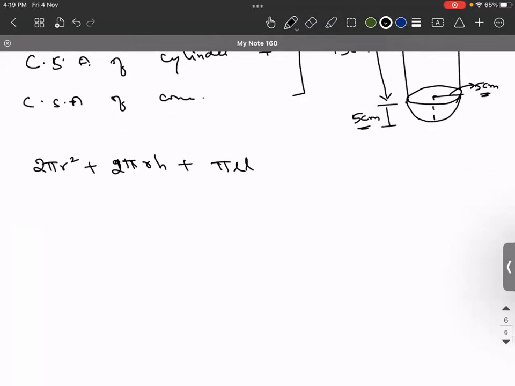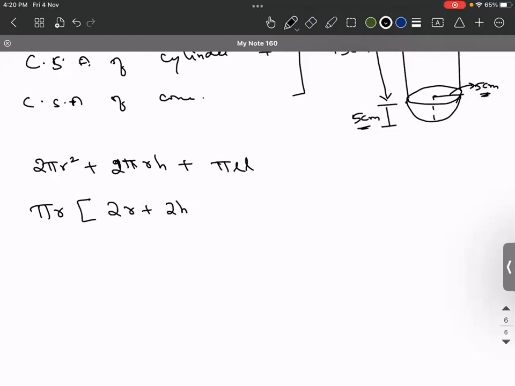So if I take pi r outside, I'll have 2r plus 2h plus l. First we have to find the slant height of the cone, l.